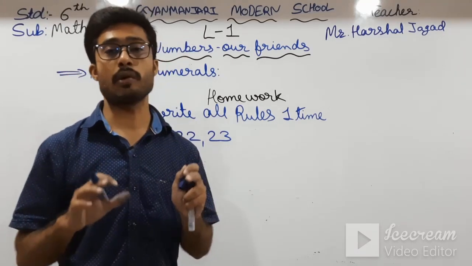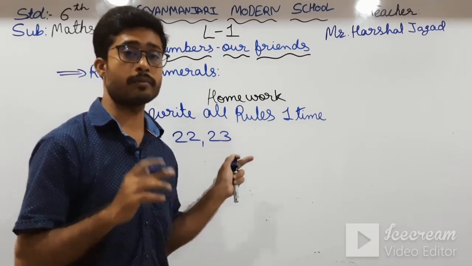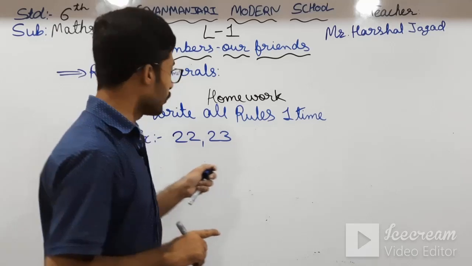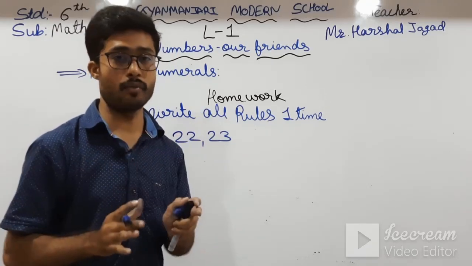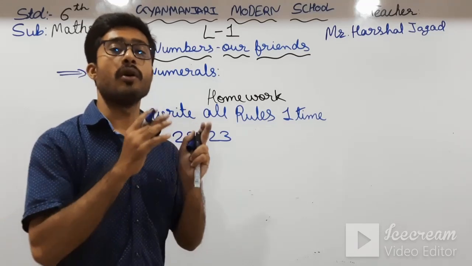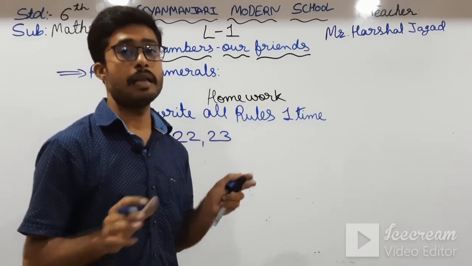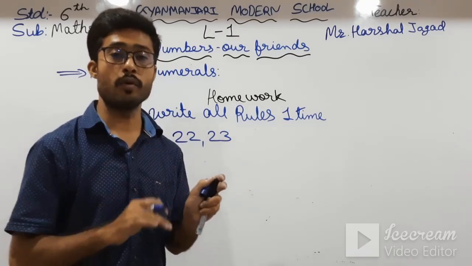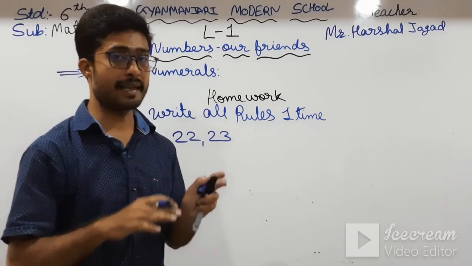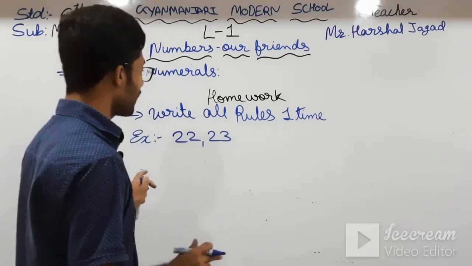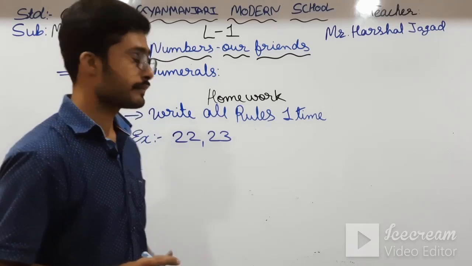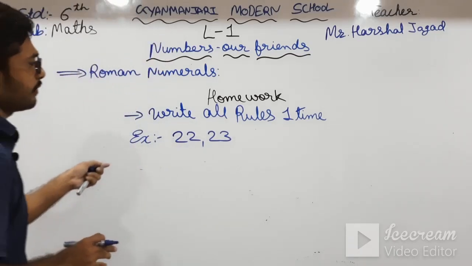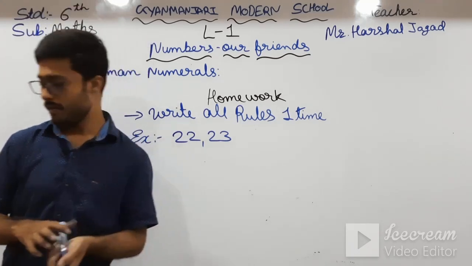Previously I have also taught examples starting from 1 and ending at 23. You have to make an example book. In that you have to write all the examples, and nothing other than that in that book. You just have to write examples, and in your fair book you just have to write the exercise questions. Okay, students. So this is your today's homework.